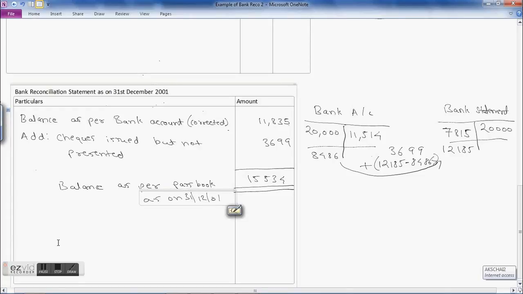So that's it about this example of bank reconciliation. It also had some rectification entries and closing entries which needed to be passed in our bank account, and then subsequently we prepared a bank reconciliation statement. Thank you.